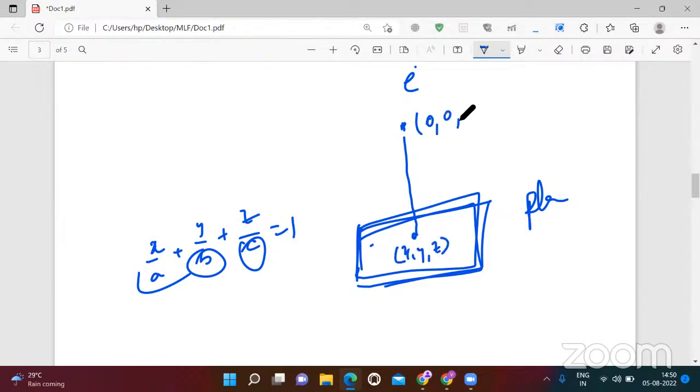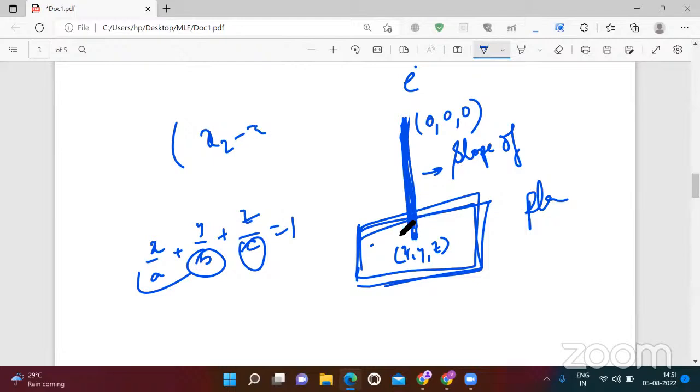So for this equation, I can get the slope of this line, the direction ratio of this line, which is simply x2 minus x1, y2 minus y1. So I can get the direction ratio of this, and I have the direction ratio of the plane's perpendicular.